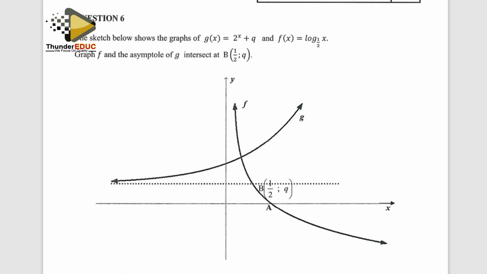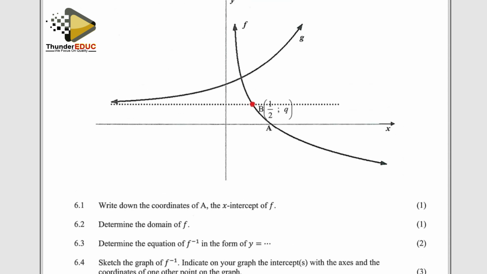Question 6. Sketch below g of x, which is an exponential, and then another exponential, a log function. So graph f and asymptote of g intersect at this point. Okay.